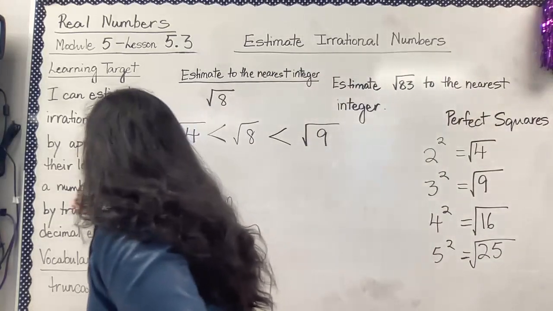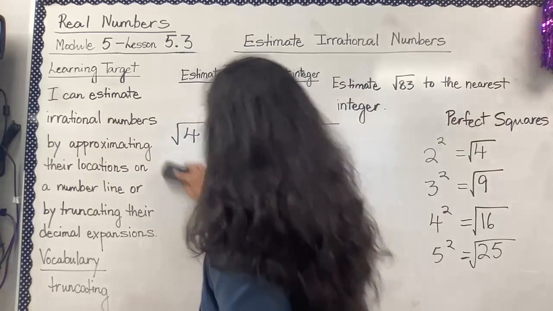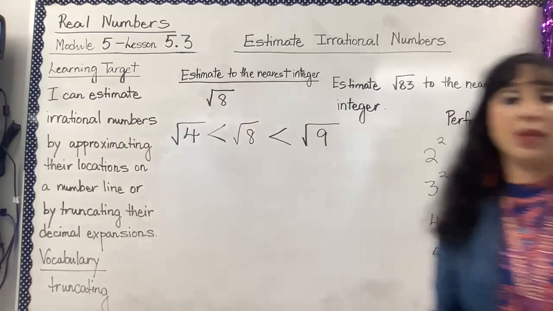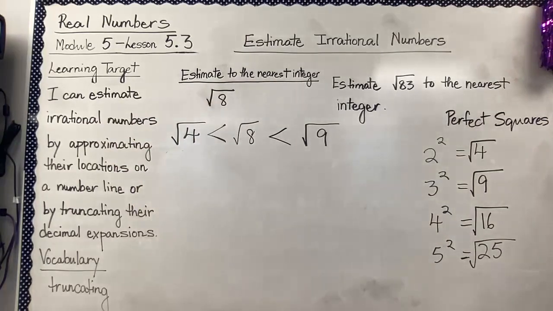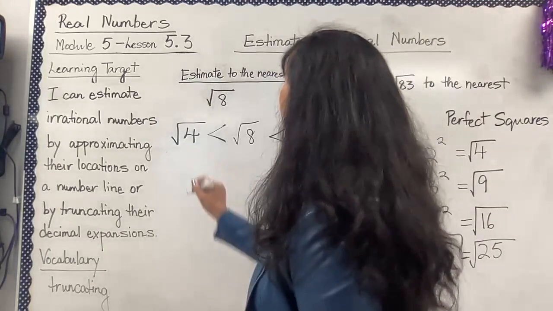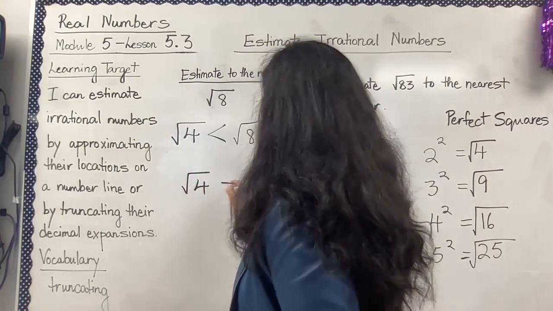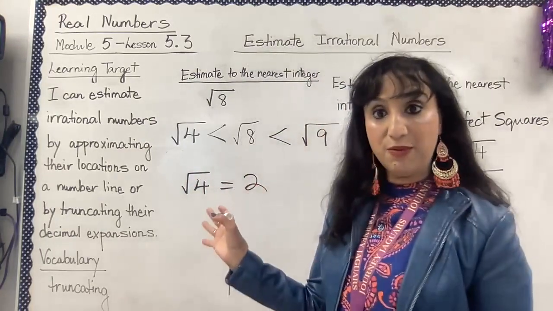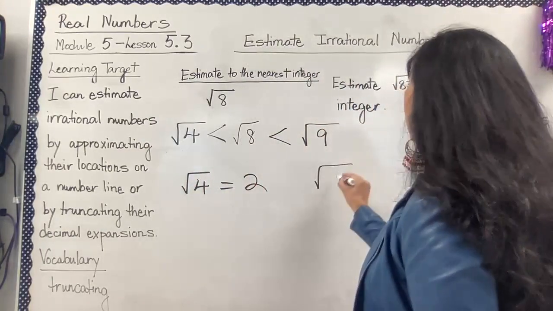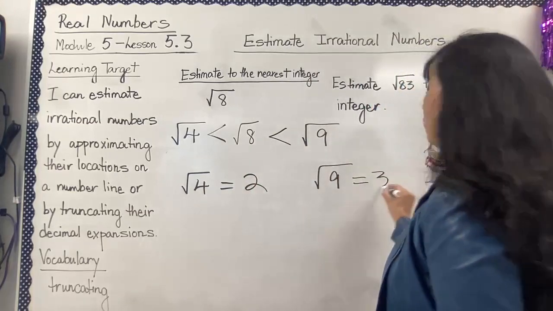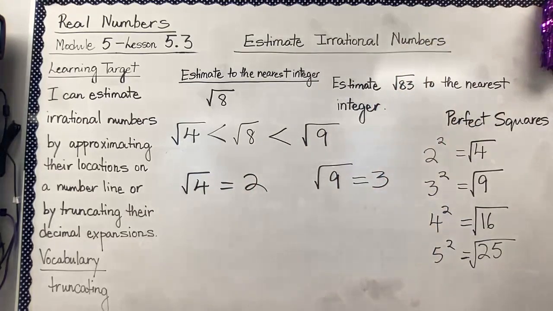Okay? So once we have this done, I just want to show you with graphing. We know that the square root of 4 is 2, because 2 times 2 gives me 4, right? The square root of 9 is 3. We know that much.